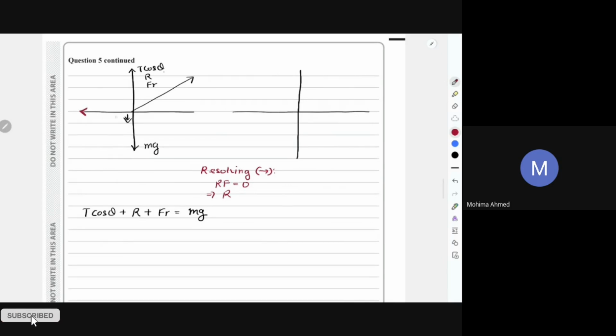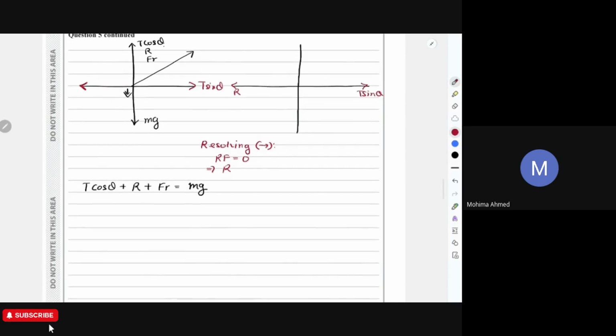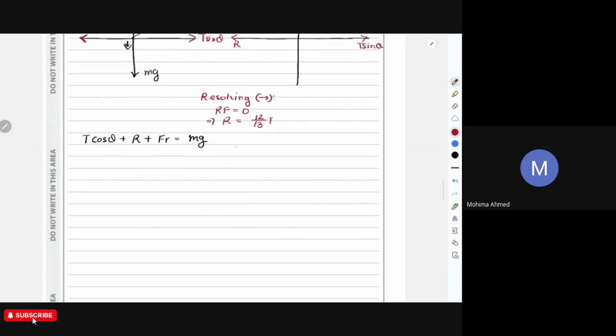Here also we have a reaction force, T sine theta, reaction force, and then again T sine theta. So we have to focus on the horizontal plane to get the value for your reaction force, which is just 12 by 13 T. That means your new friction in this situation is going to be 1 by 4 times 12 by 13 T. That's just 3 over 13 T.